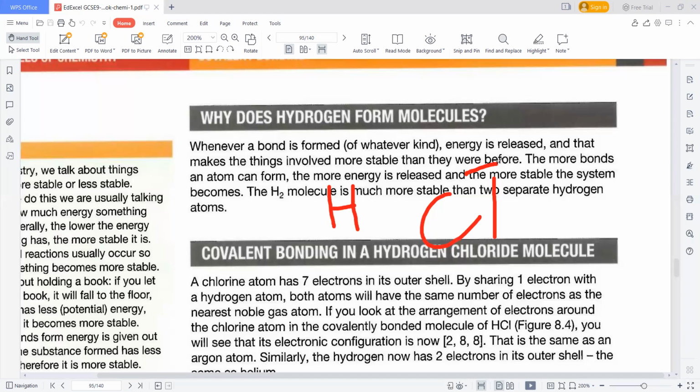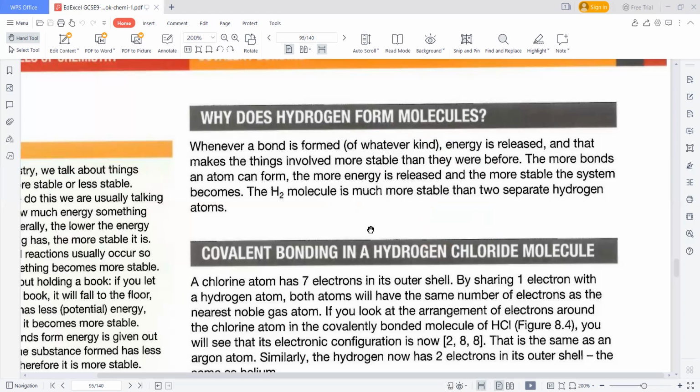Definitely, a non-metal is going to accept the electron. However, hydrogen has one proton and either should be two or zero, so it feels safe to share the one with chlorine. After sharing electrons, both of them make an electrostatic attraction to attain stability. So both become stable.